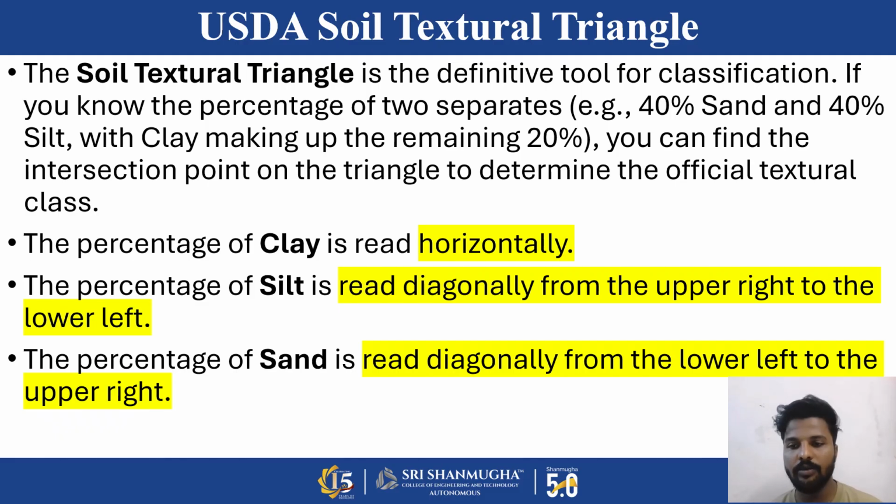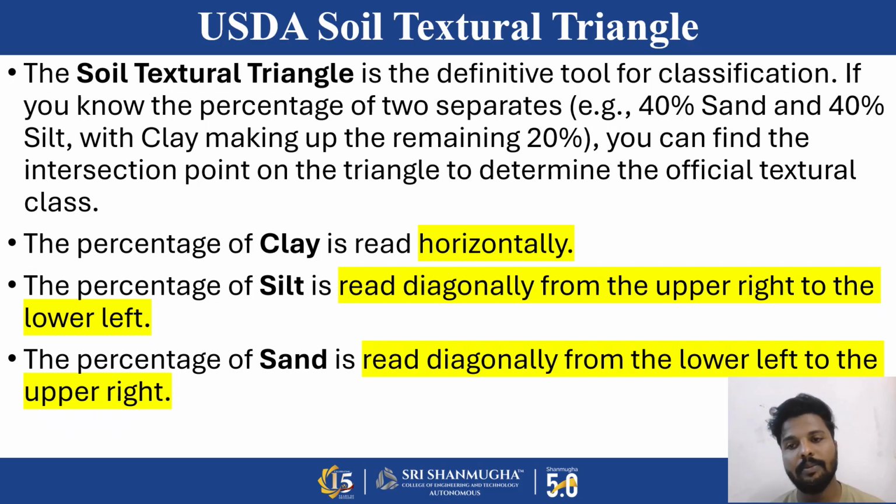This slide introduces the soil textural triangle that is used to find out the soil texture of a particular soil. This slide introduces the official classification tool for soil texture. The soil texture triangle is the definitive tool used for soil classification. If the percentages of two separates are known, the intersection point on the triangle can be found to determine the official textural class.